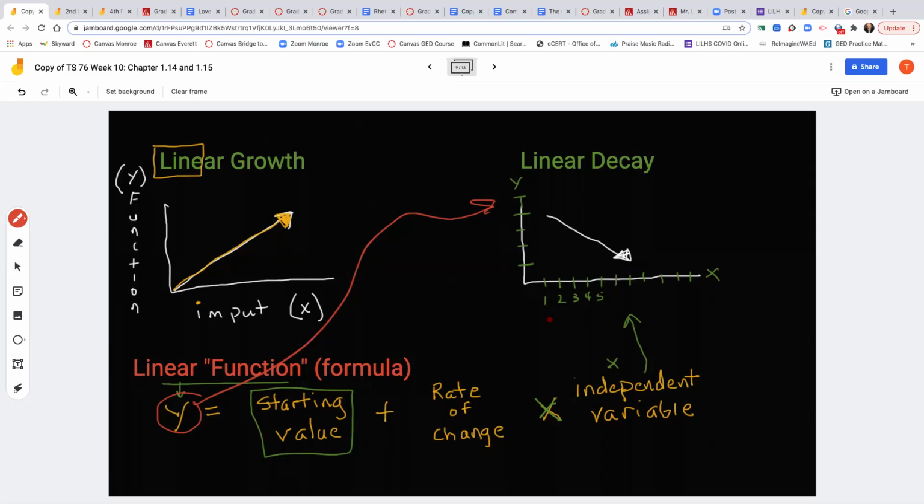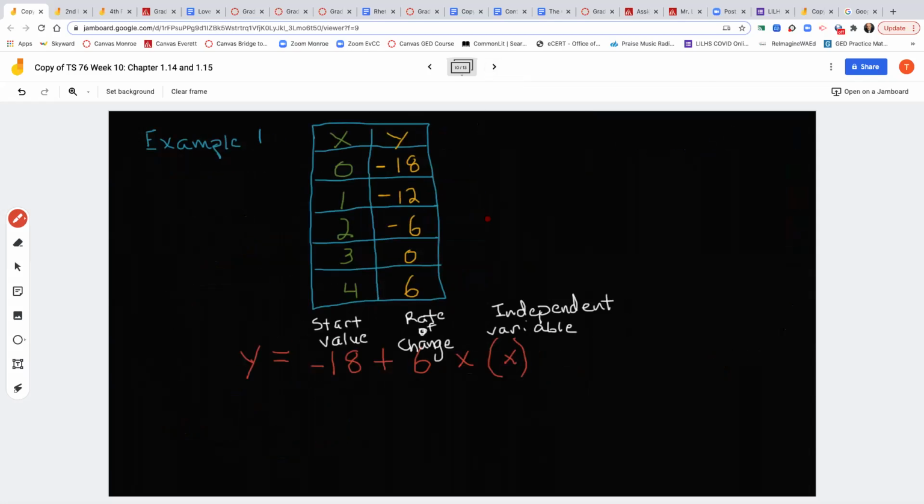Times whatever number I am on this X line here, the fourth one or the fifth one or whatever. I can use that number and figure out where I am on this Y line here, okay? So in this kind of growth, we're trying to calculate the Y. We're trying to find out the dependent variable, okay? The one that's a result. All right, let's take a look at an example here, okay, to illustrate what we just talked about.